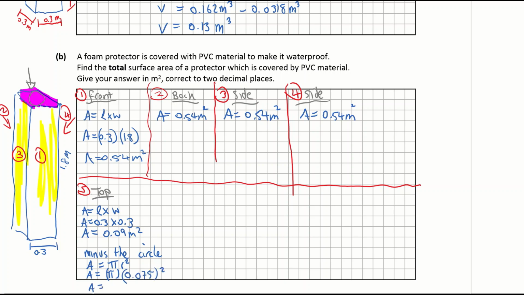So that's giving me the area of the circle as 0.0177. So I now need to take away that circle from the top of the shape. So 0.09 minus 0.0177. So I'm removing the circle, which is giving me 0.09 subtract 0.0177 to give me 0.0723. So that's the area of the top of the shape.